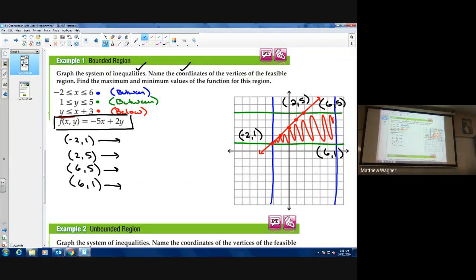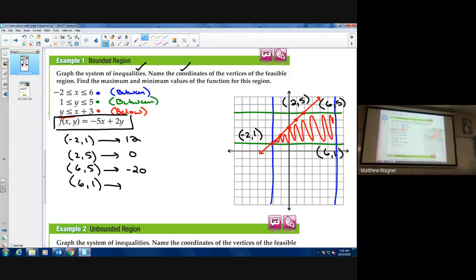When I plug in -2, 1, I get 10 plus 2, which is going to be 12. When I plug in 2, 5, I get -10 and +10, which is 0. When I plug in 6, 5, I get -30 plus 10, which is -20.